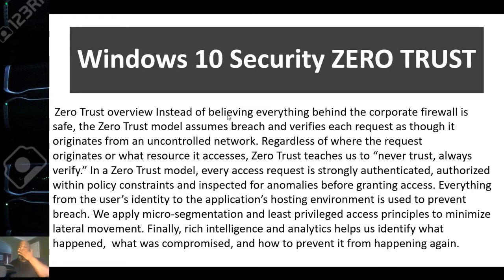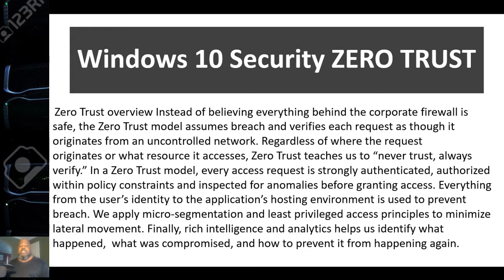So let's switch over a little bit to how Windows 10 plays into zero trust architecture. Zero trust overview: instead of believing everything behind the corporate firewall is safe, the zero trust model assumes breach and verifies each request as though it originated from an uncontrolled network.